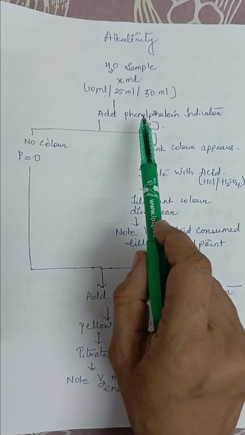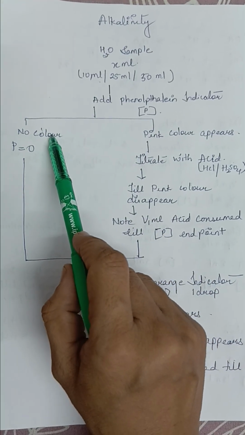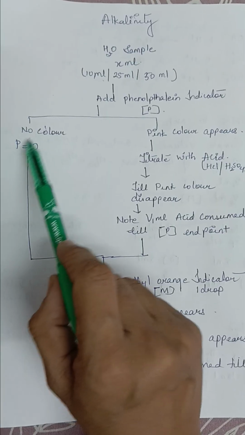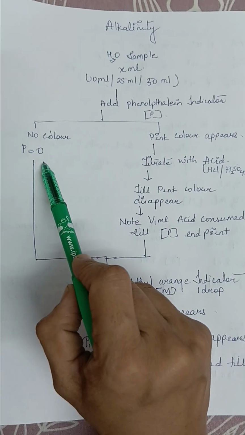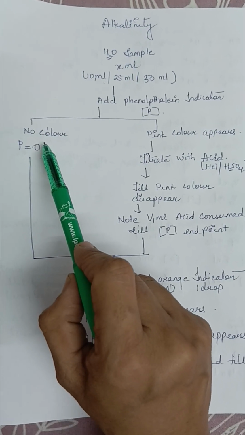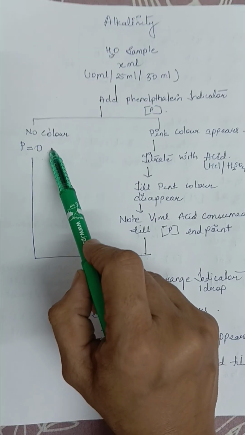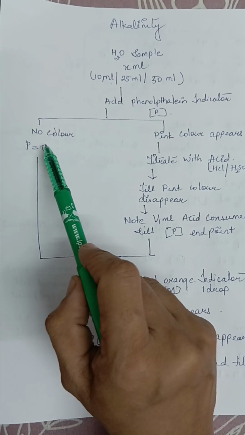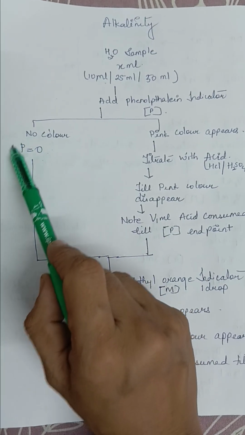Now two conditions can appear. Either the sample will not give any coloration with respect to phenolphthalein. It means our case is P equal to 0. The sample has not given any coloration with the phenolphthalein indicator, and when we discuss the cases, I will again explain how P is equal to 0.